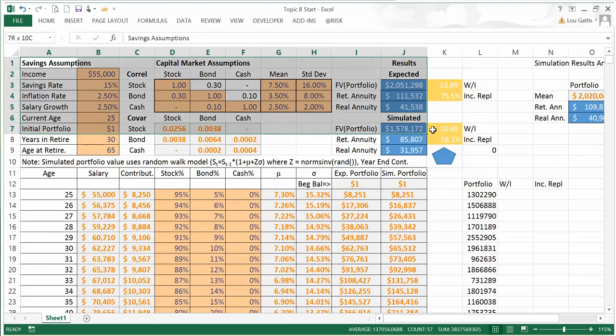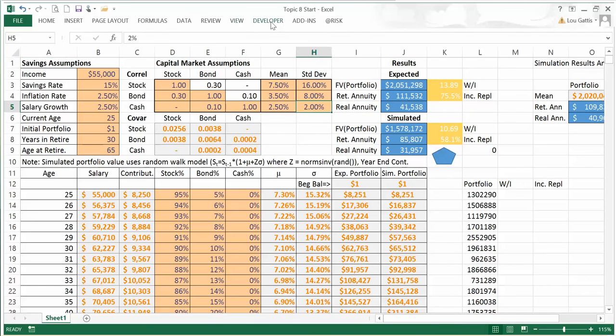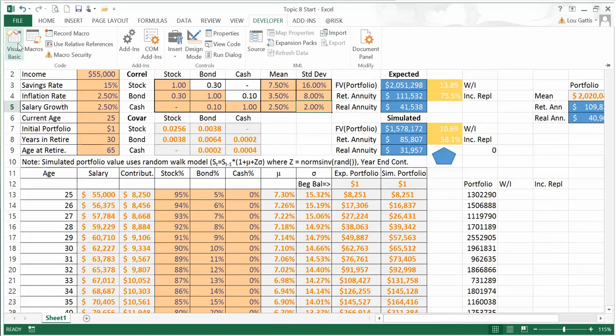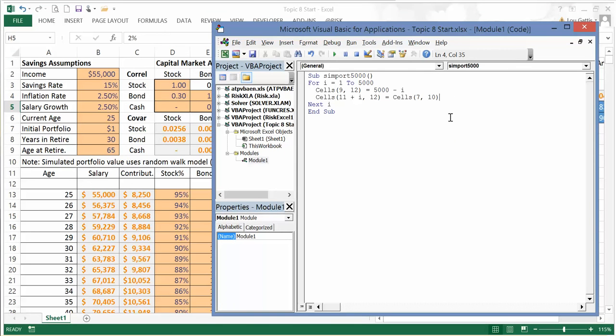Wealth to income is in 711 and replacement is in 811. So I can go 711 and 811. Let's take a look at my Visual Basic. I could add some more code here. I can copy this formula.